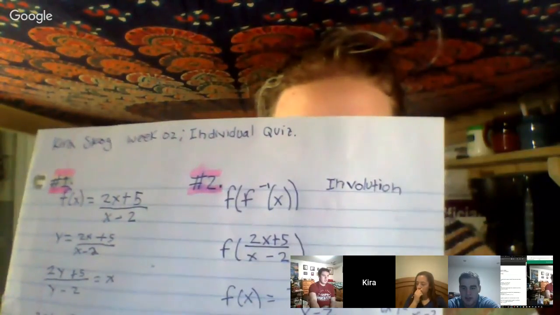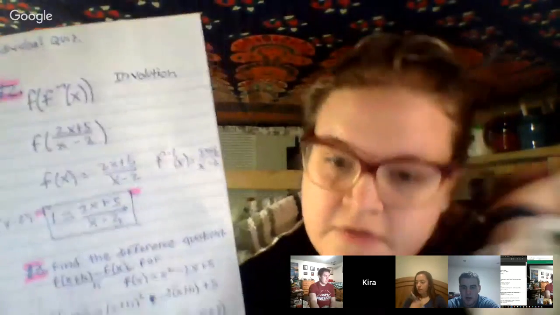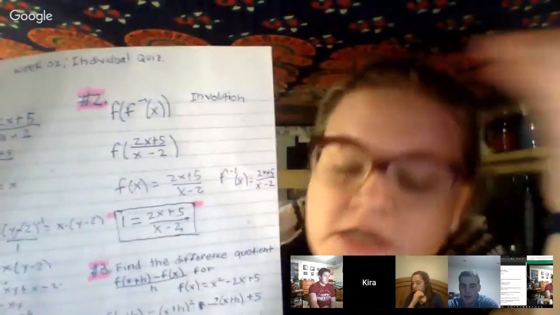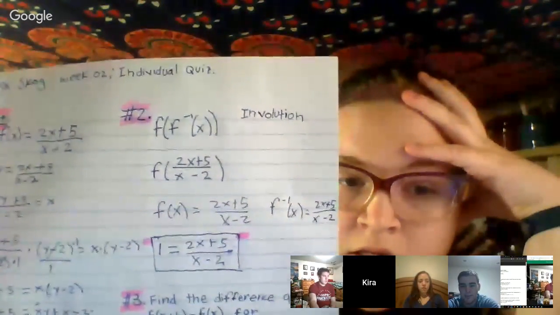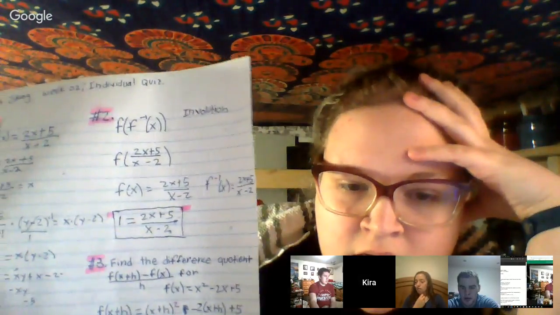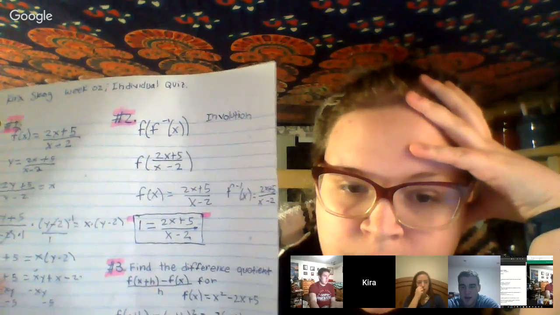So you're just doing the inverse, right? Yeah, because the equation was the function and then the inverse. So the inverse was the same as the function, and the function was f of f negative 1 of x.